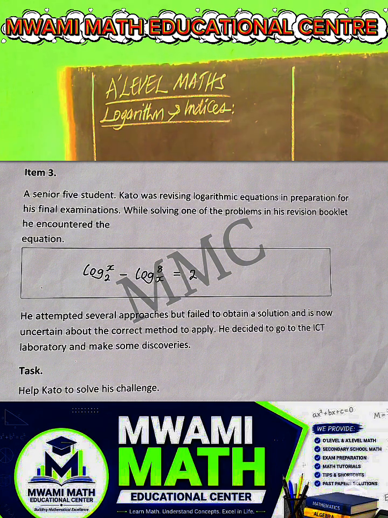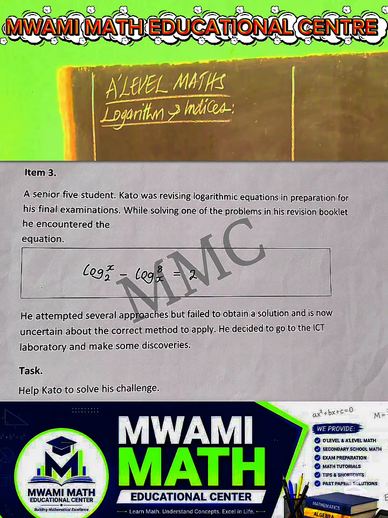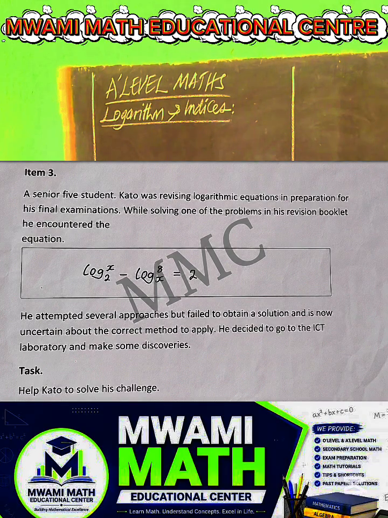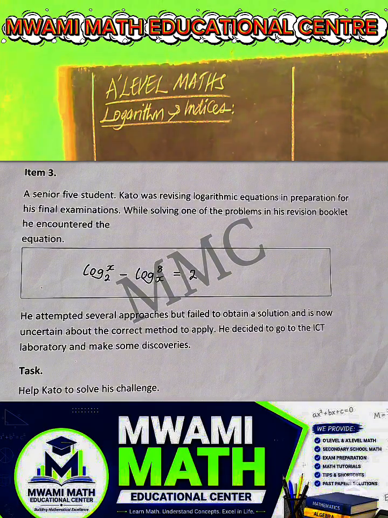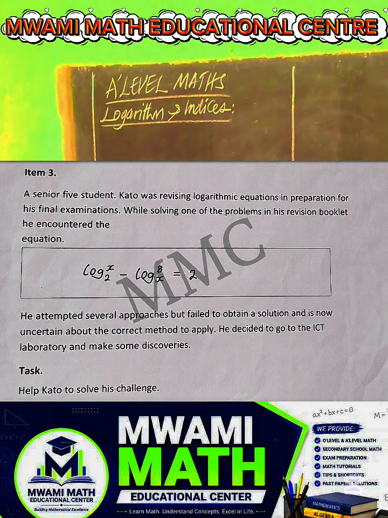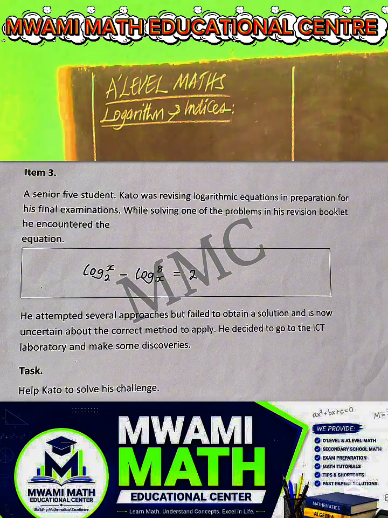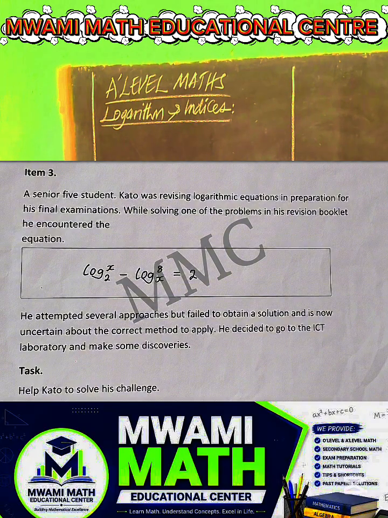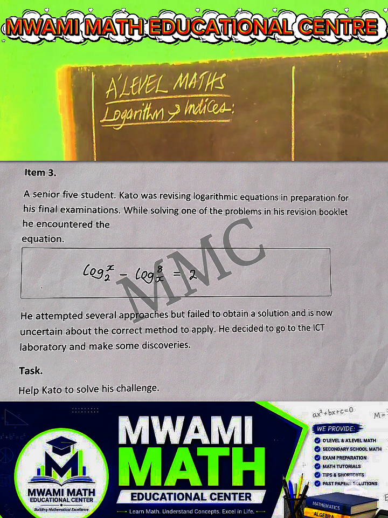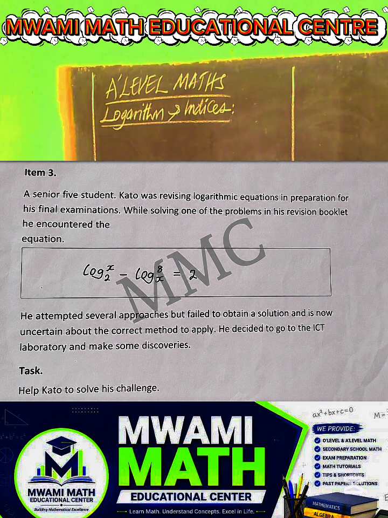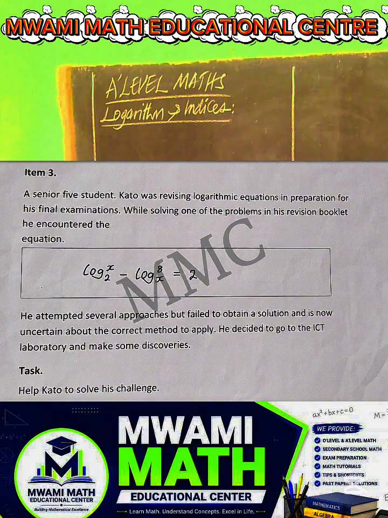While solving one of the problems in his revision booklet, he encountered the equation log of x base 2 minus log of 8 base 2 is equal to 2. He attempted several approaches but failed to obtain a solution and is now uncertain about the correct method to apply. He decided to go to the ICT laboratory and make some discoveries.